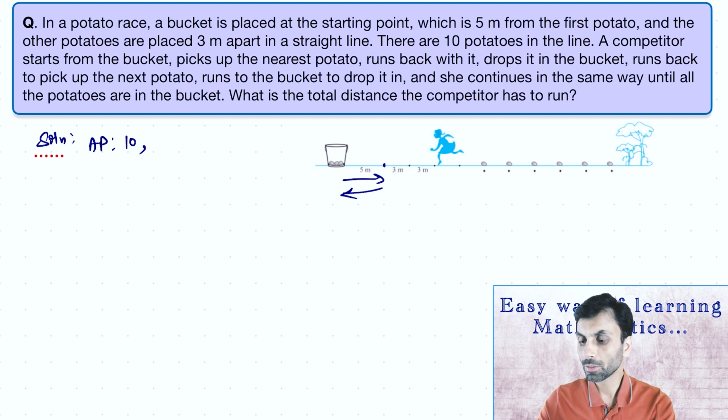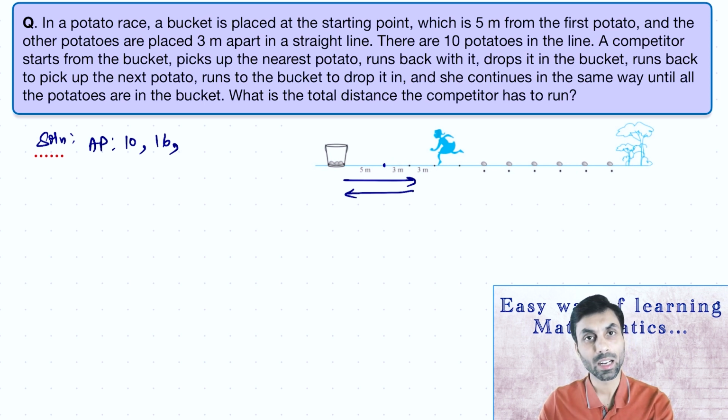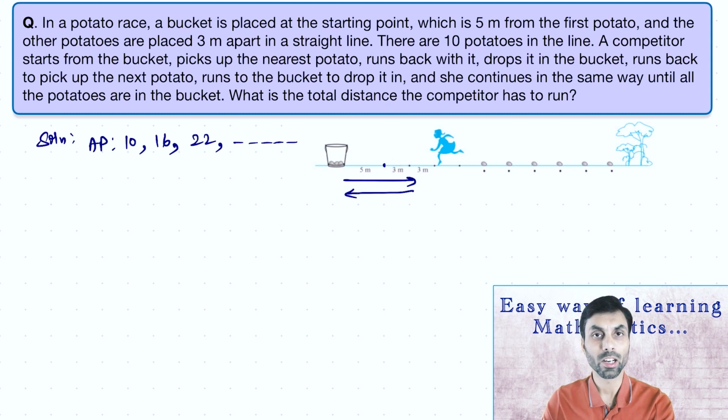Then to pick up the next potato, the competitor will have to go 8 meters one way, and to return to the bucket, again cover another 8 meters. That means 16 meters in total. And this way, to pick up the third potato, another 6 more meters will add up. So it will be 22, and this way it will continue.